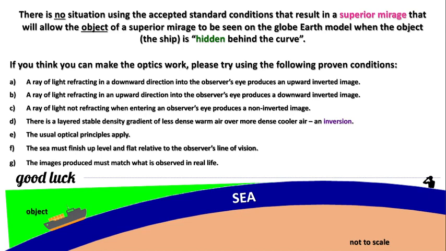D. There is a layered stable density gradient of less dense warm air over more dense cooler air, an inversion. E. The usual optical principles apply. F. The sea must finish up level and flat relative to the observer's line of vision. G. The images produced must match what is observed in real life. Good luck!